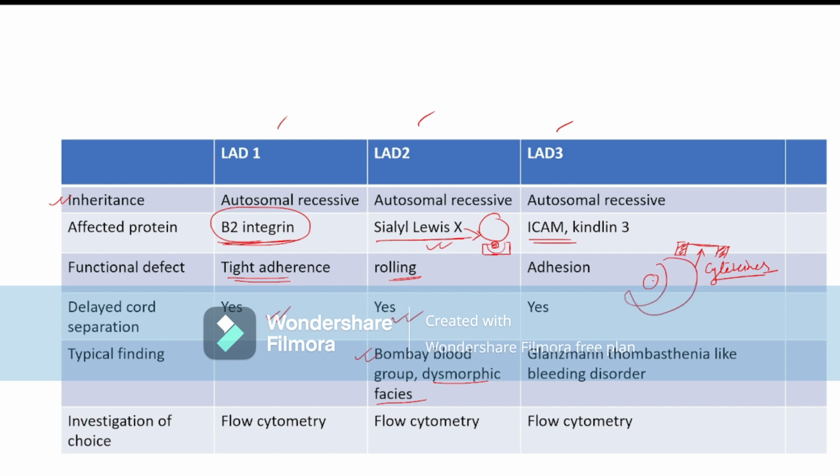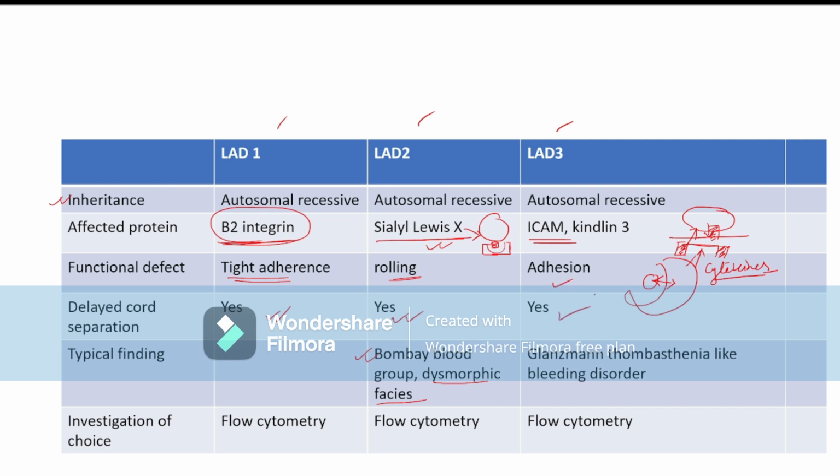When the virus and macrophages get activated, the macrophage produces some cytokines which stimulate the ICAM to come onto the surface of the endothelium. This ICAM gets attached to the neutrophil and causes adhesion.